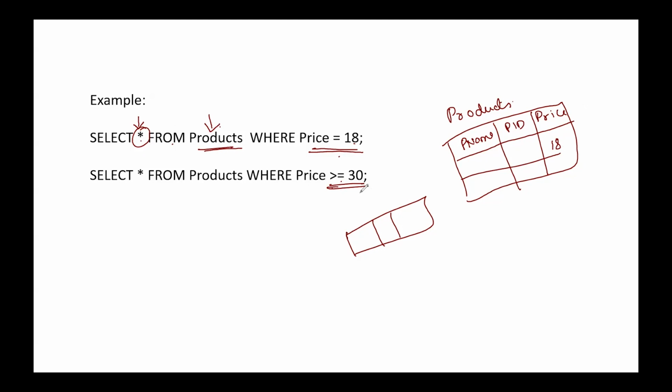Once again, same thing, but here whichever product's price is greater than or equal to 30, all the attributes will be displayed on the screen. In case I do not have any product matching this, it will show no records selected because none of the conditions are matching, hence it will not select any of the rows.